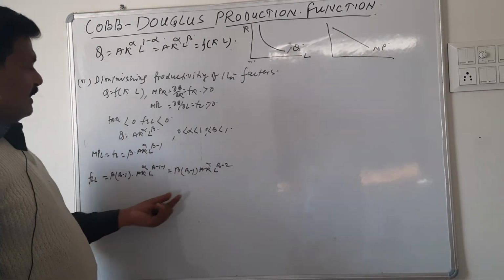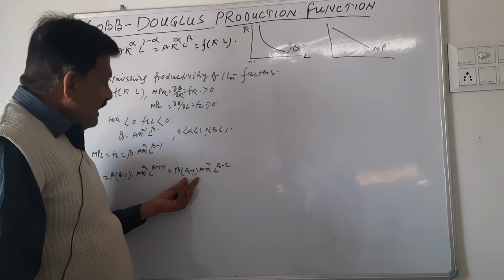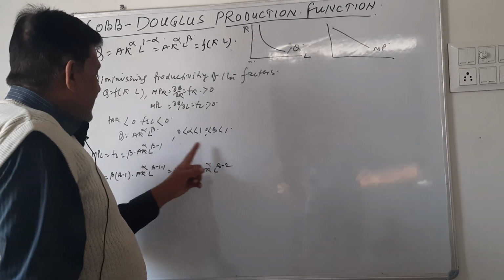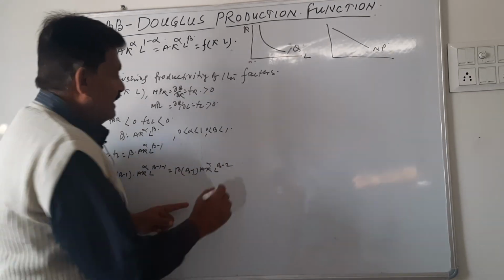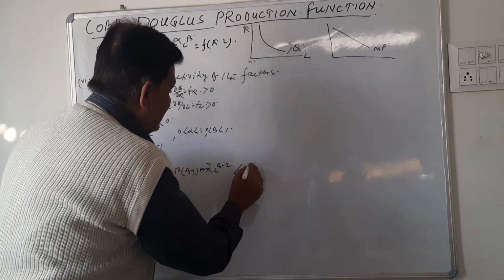Now the quantity within the bracket makes the entire term negative, because beta is less than 1, and here we have beta minus 1. This makes the term negative.